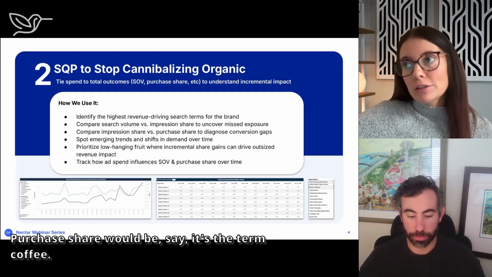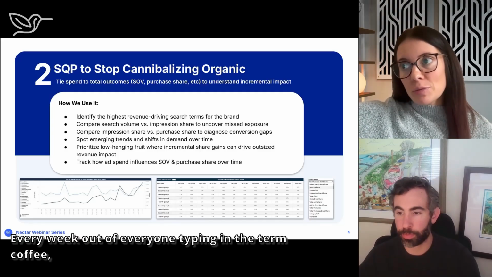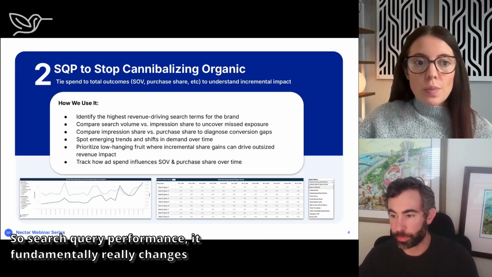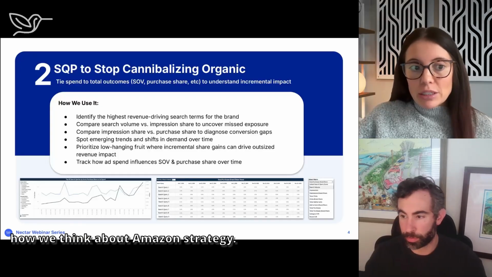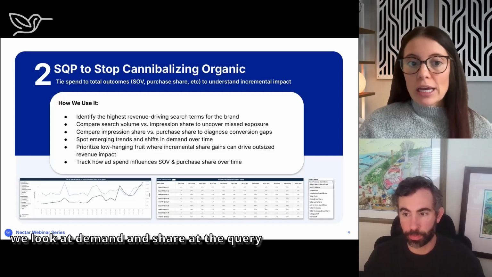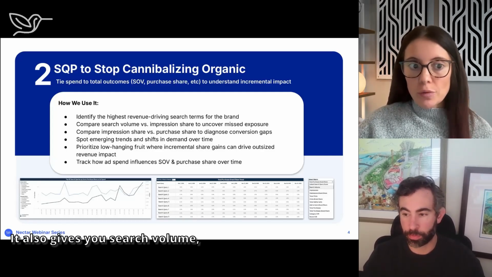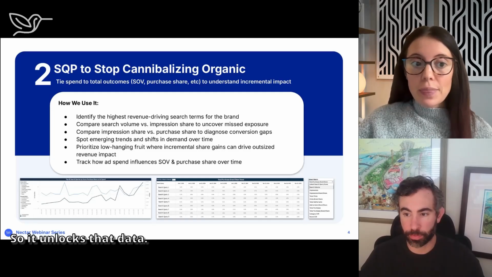Purchase share would be, say, the term is coffee. Every week, out of everyone typing in the term coffee, what percentage of users are buying from your brand versus competitors? So search query performance fundamentally changes how we think about Amazon strategy. Instead of looking at campaign level performance, we look at demand and share at the query and the product level. It also gives you true search volume, and not just search frequency rank. So it unlocks that data.